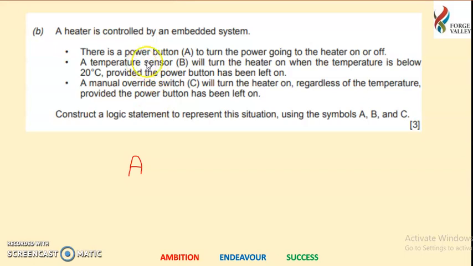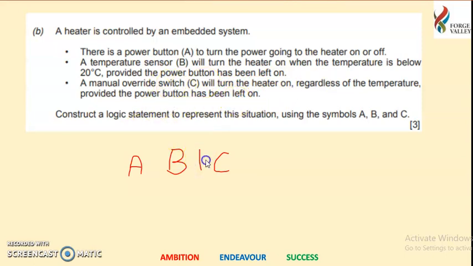It says that then we have got a temperature sensor B. And we have got our C. So basically, it says C has to be on regardless as to whether the other two are on.